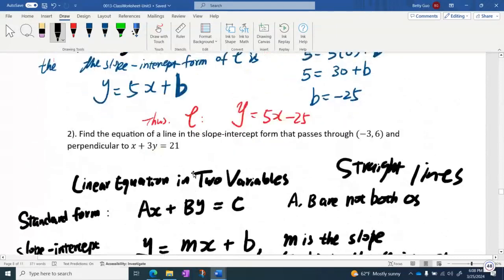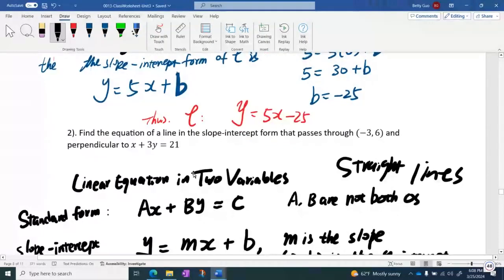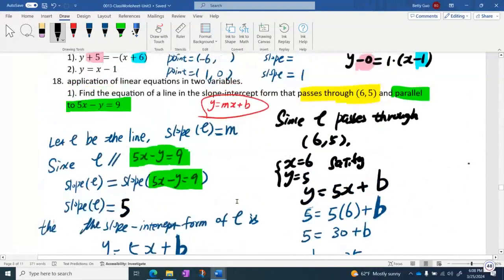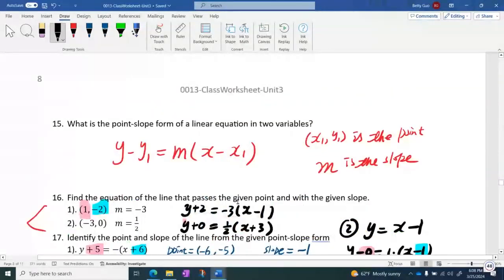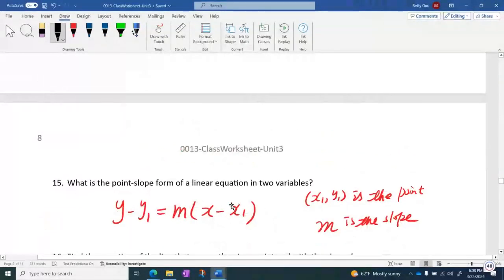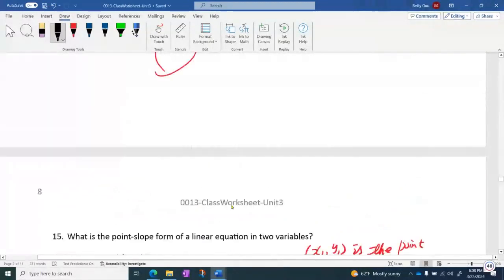All right, so in last class, we learned a theorem involving two straight lines, parallel and perpendicular. Let's go over the content of the theorem because we're going to use it for the next question on the worksheet.